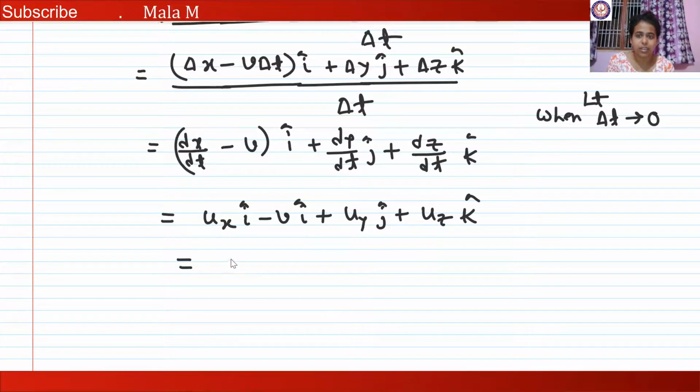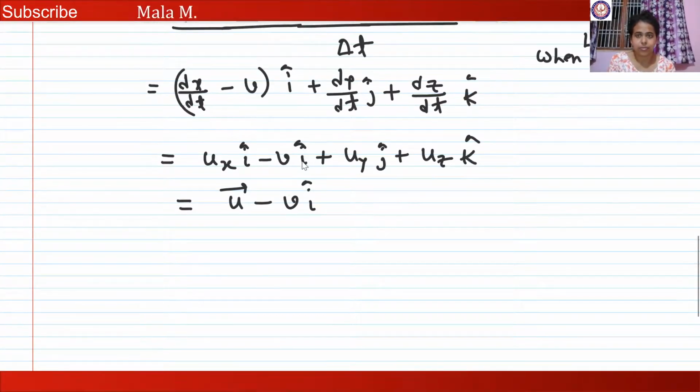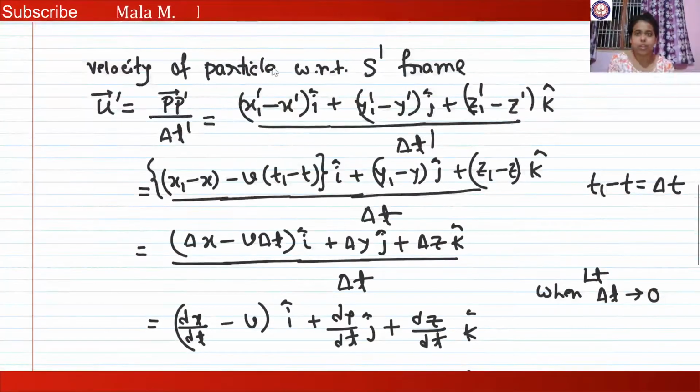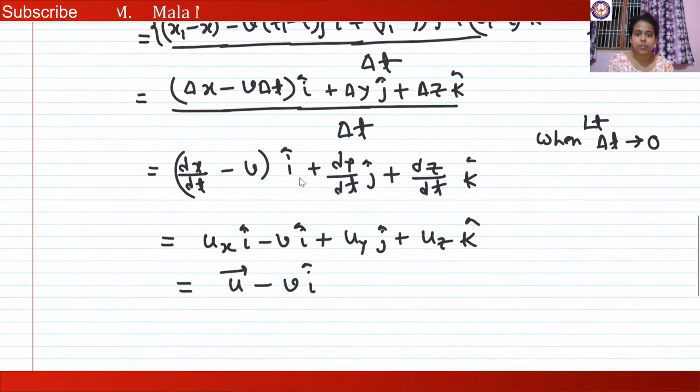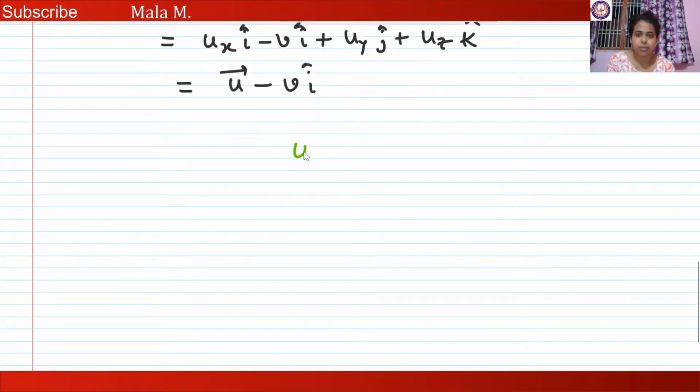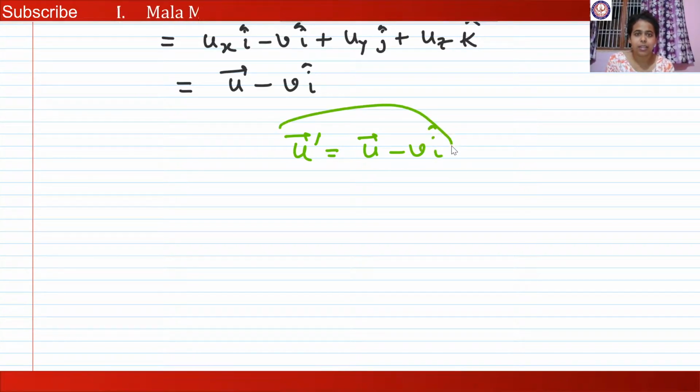So it is nothing but vector u minus v into i. So u prime is equal to u minus v i. This is our final equation.